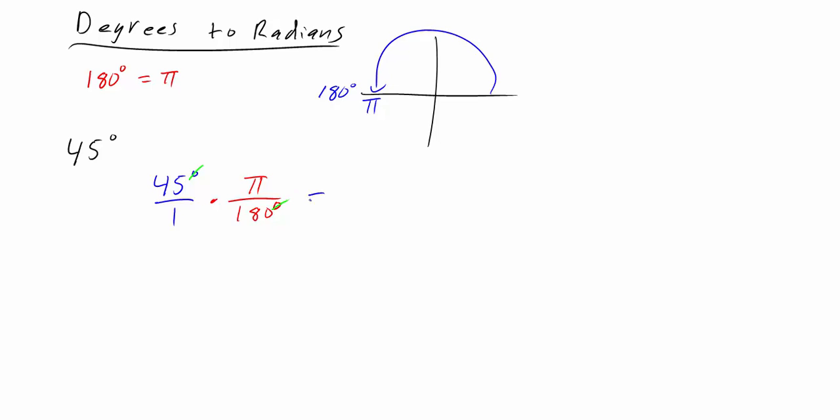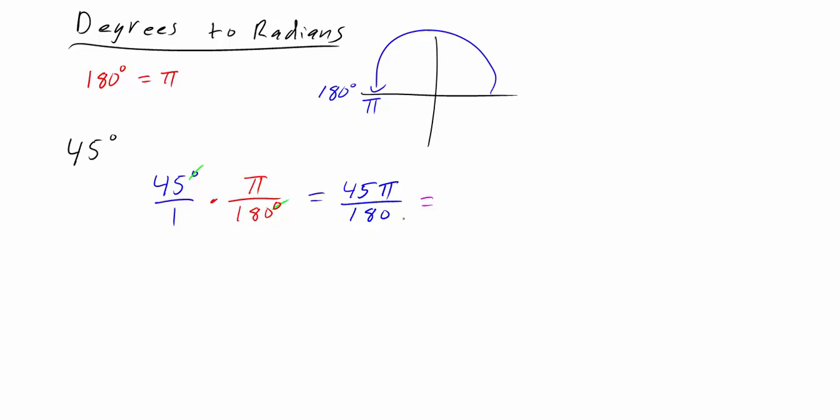So once we multiply, you're going to have 45 times pi, so that's 45 pi over 1 times 180, which is 180. Now again, the degrees is gone because that's canceled out. So now all we have left at this point is to reduce this to lowest terms. Now typically we want to leave this in terms of pi, so we need to reduce 45 over 180.